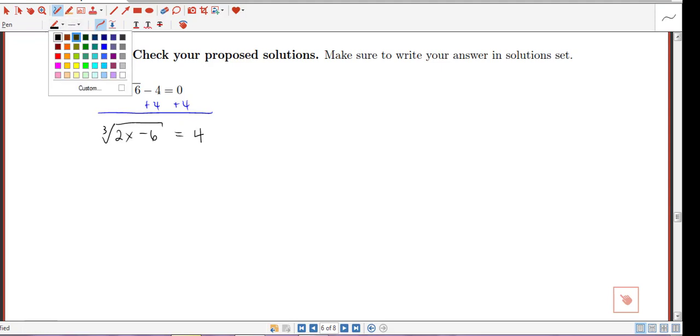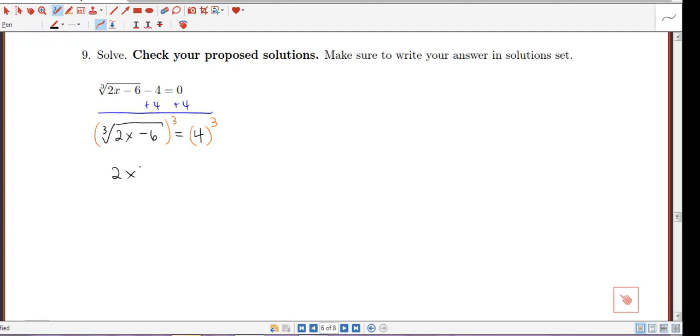Alright, next step, I need to get rid of that cube root. What kills the cube root is to the third power. So I'm going to raise left hand side by the third power. That means I better raise the right hand side by third power. Okay, so now what you're going to get on the left hand side is what? Oh, let me change the color. 2x minus 6 equals 4 to the third.